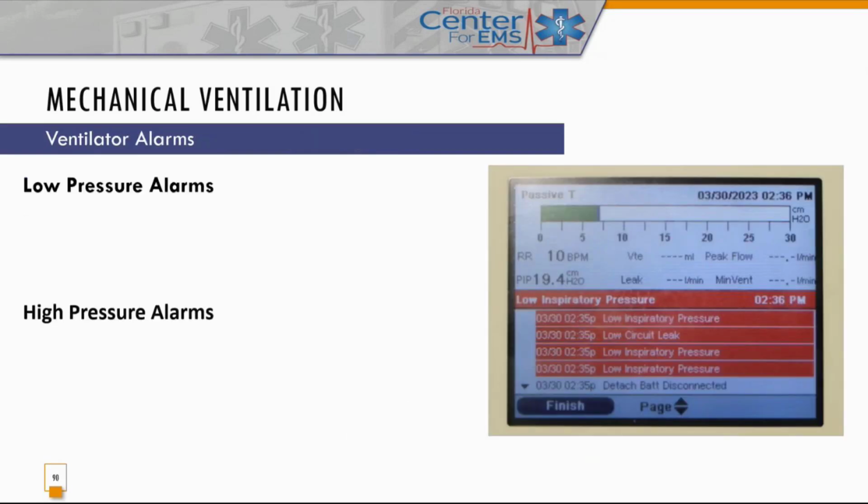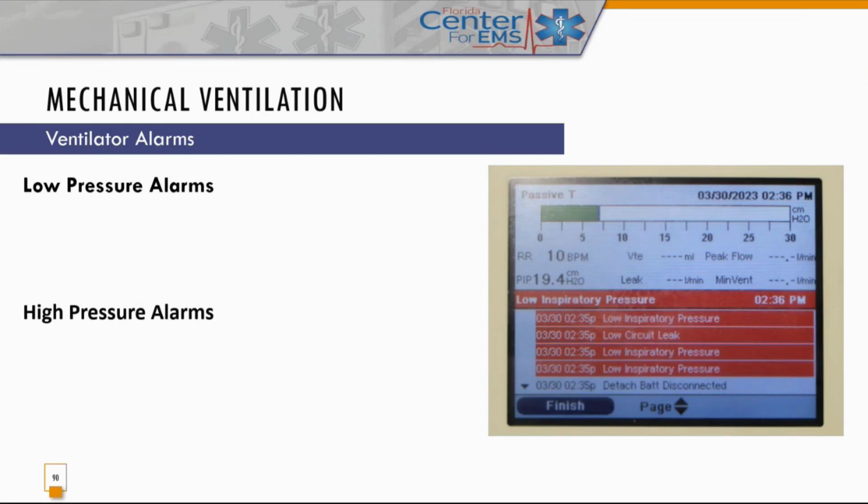If you get a low pressure alarm, the first thing you have to check is whether the circuit got disconnected or came off the ET tube. High pressure alarms are generally where the tube got kinked, the circuit's kinked, or they've got some sort of airway obstruction. So you look at those things first.